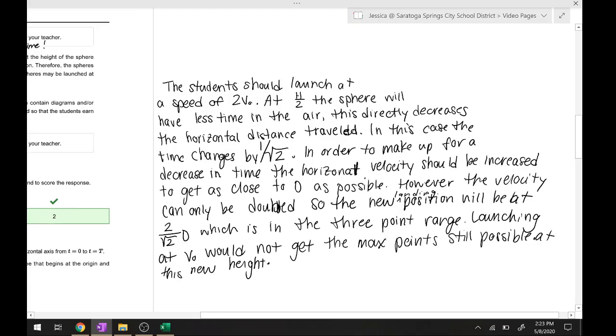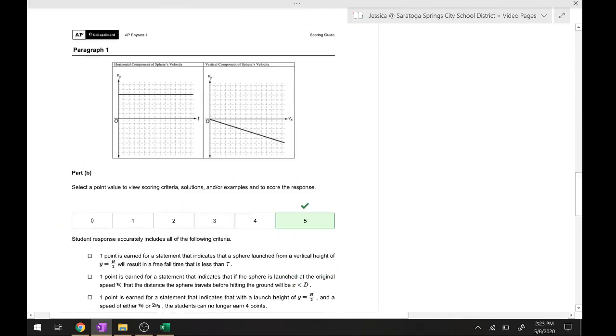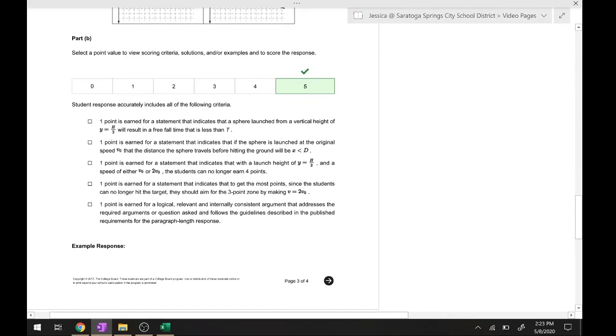All right, let's check the scoring guide to see how I did. So I get 1 point for a statement indicating that the sphere decreases the time. I did that. A statement that indicates that if the sphere is launched at the original speed, the distance traveled before hitting the ground will be x minus d, or x is less than d. I sort of did that.